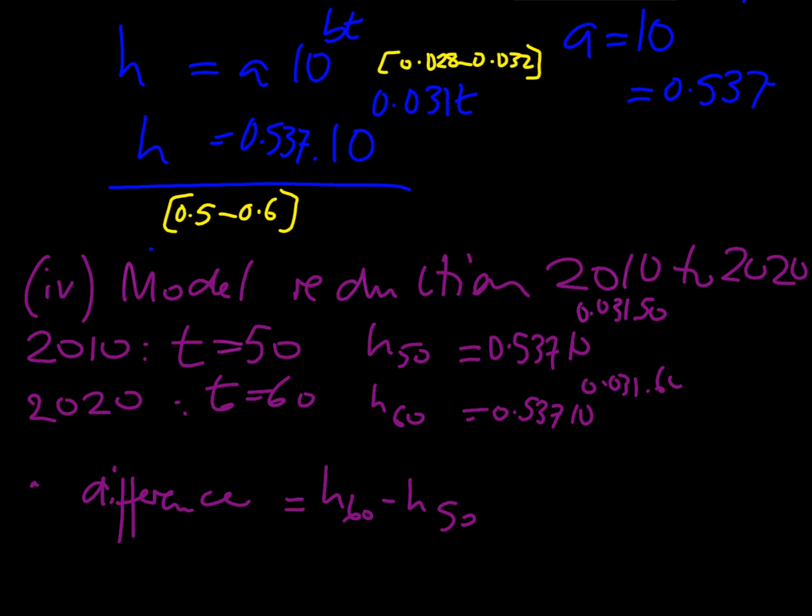So our two values are 19.05. I'm going to do it to 2 decimal places, and then we'll sort it out at the end.